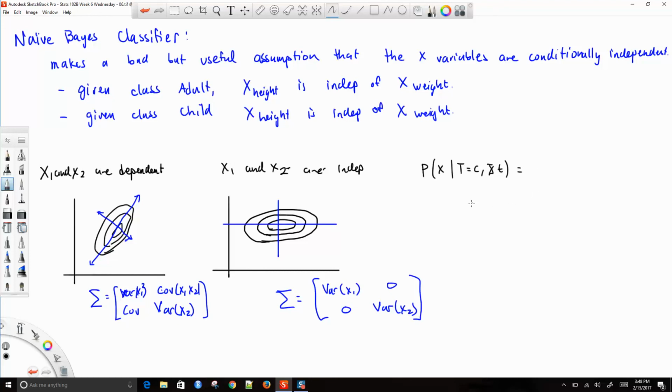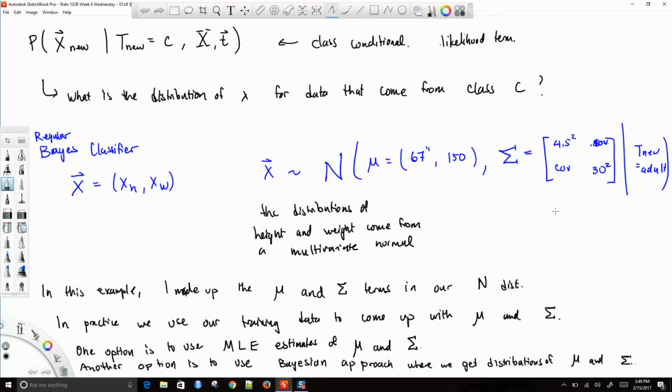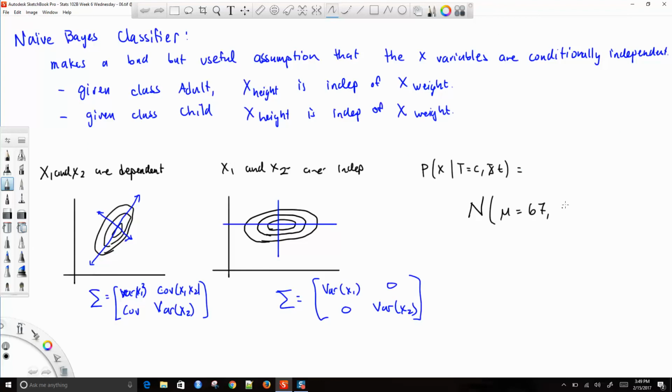So let's say we're doing class adults. You would say x sub h has a mean of, how did I write this on the previous slide? It has a mean of 67 and a standard deviation, what did I write, 4.5 squared, okay?